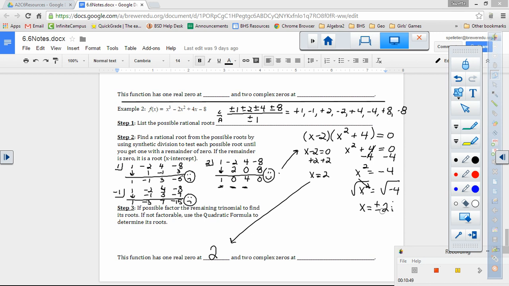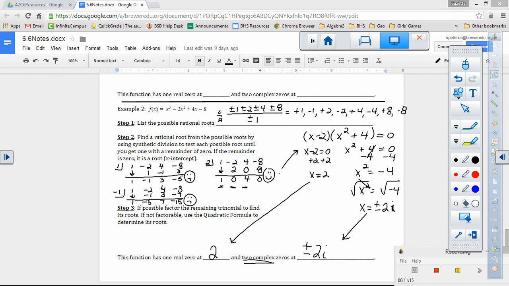So this breaks down to plus or minus 2i, and that should be your two complex zeros. We have 3 roots. It's a cubic function, so we should have 3 roots.